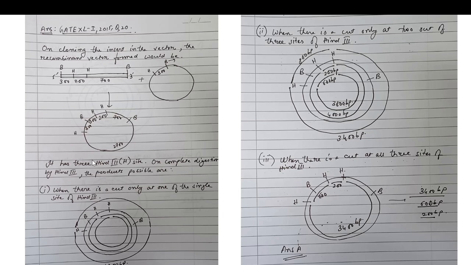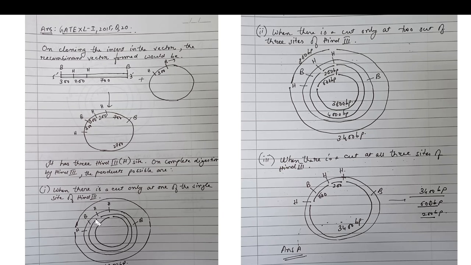On complete digestion by HindIII, the products possible are: if it is completely digested, then all the 3 HindIII sites will be cut, but there is a possibility that it is partially digested. If there is a cut only at a single HindIII site, there can be three possibilities: one in this HindIII site, one in this, and one in this.